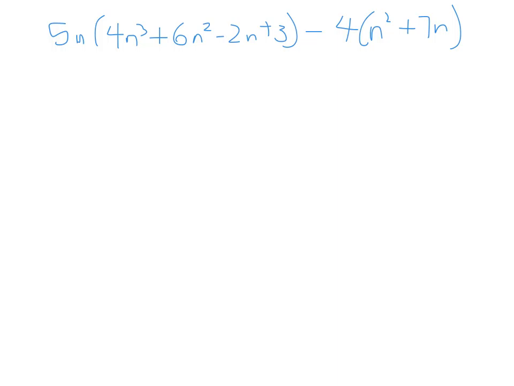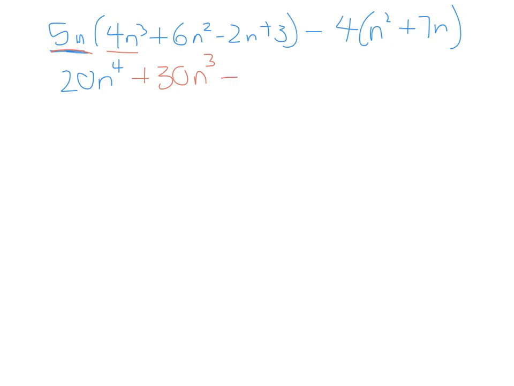Okay, when I multiply, I get 20n to the fourth when I'm distributing. So I'm distributing the 5n right now. And then plus 30n to the third. I'm adding exponents because I'm multiplying.